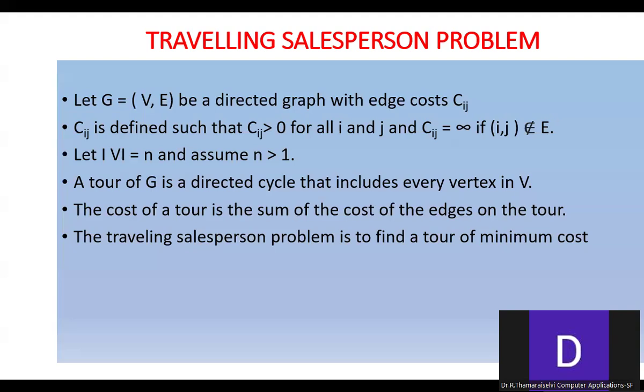So the cost of a tour is the sum of the cost of the edges on the tour. And the traveling salesman problem is to find a tour of minimum cost.